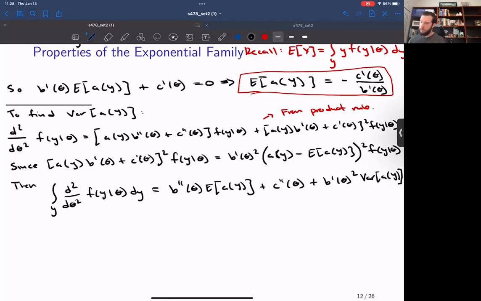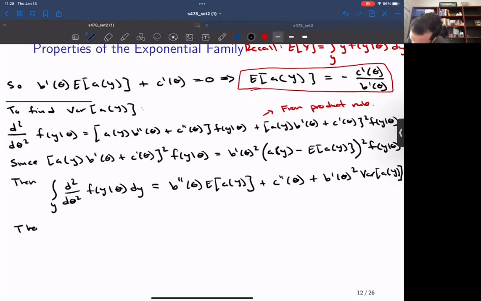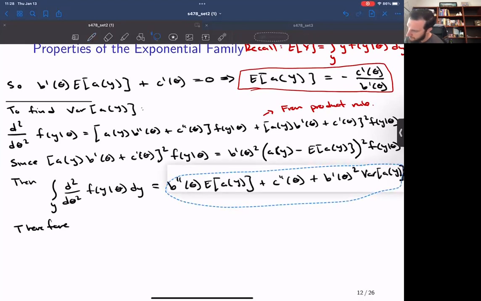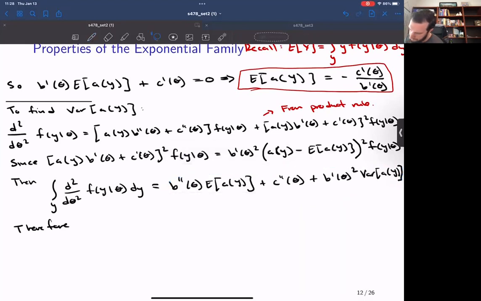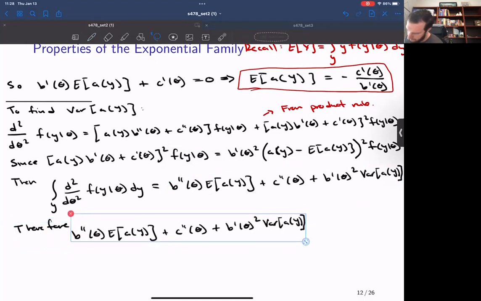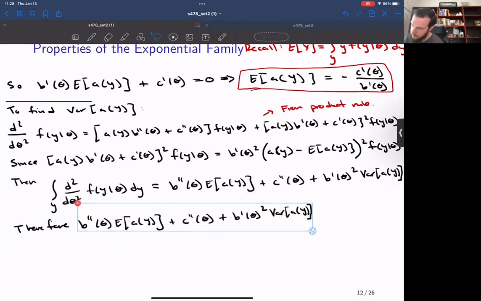Right? And we know that the integral of the second derivative is also equal to 0. Therefore, this expression is equal to 0.